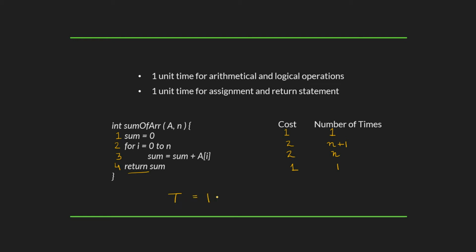The total time will be 1 plus 2 into n plus 1 plus 2n plus 1, which comes out to be 4n plus 4. We can replace these constants with c and c dash. So this is a linear running time algorithm.